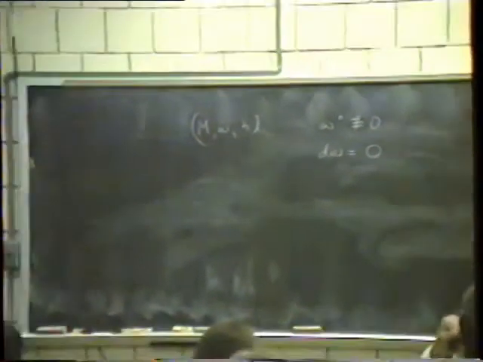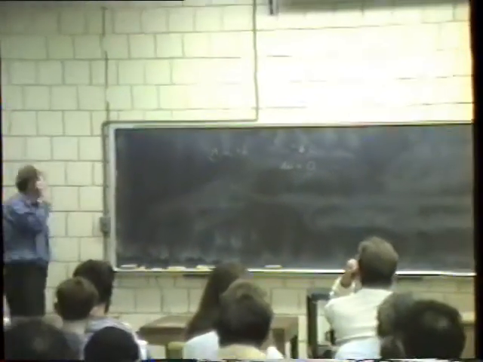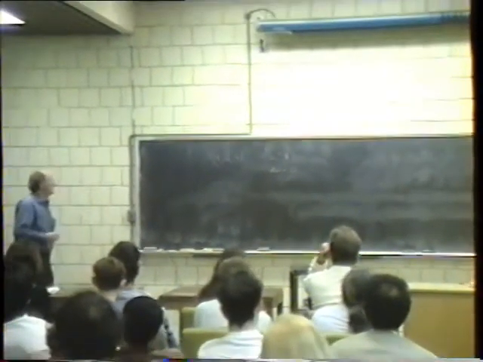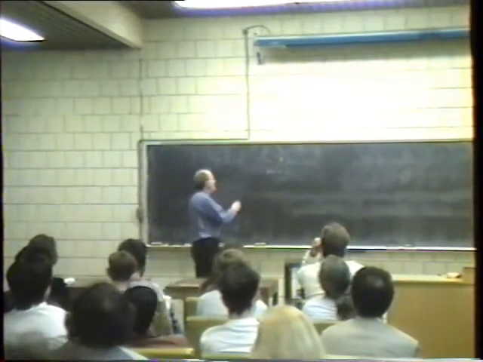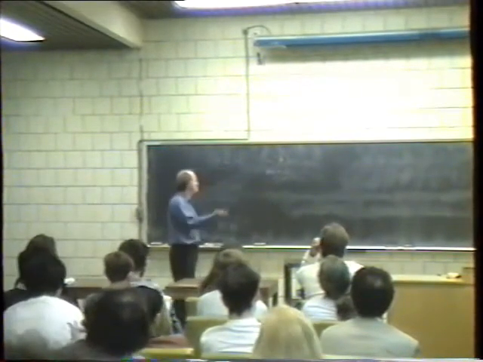So if these are the only conditions you want to impose, well, Herman got an example. That was the observation Herman made right at the beginning when he first produced his examples.